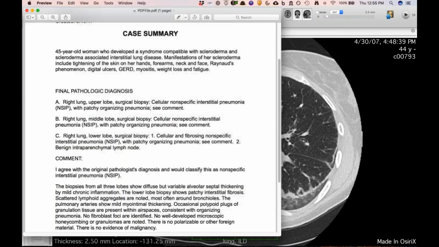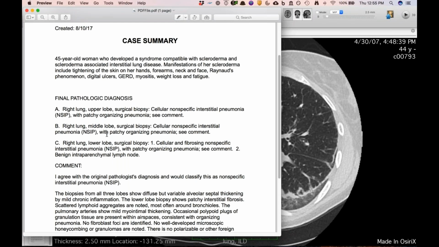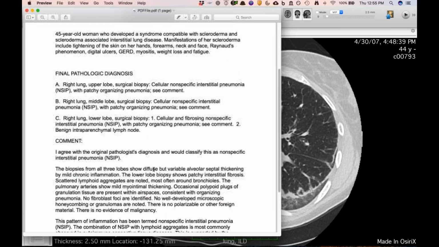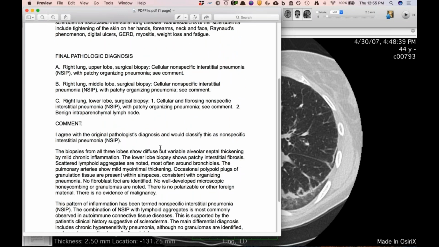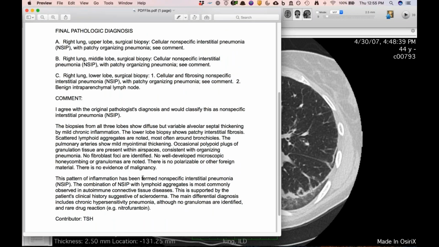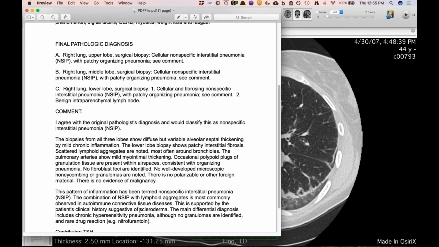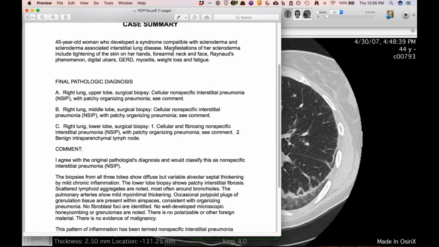I don't know, that is so interesting. I don't think I've seen that pattern quite this dramatic before. That's very impressive. Yeah, and here you can see her surgical lung biopsy. So it's NSIP and organizing pneumonia. So of course you think connective tissue disease. I don't know if she actually has a diagnosis. She does.